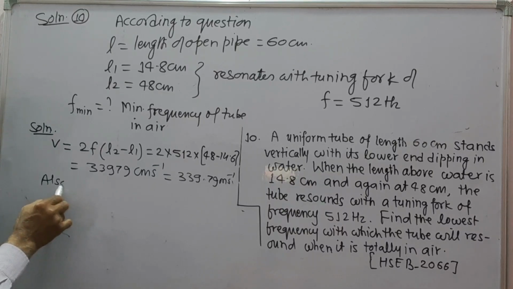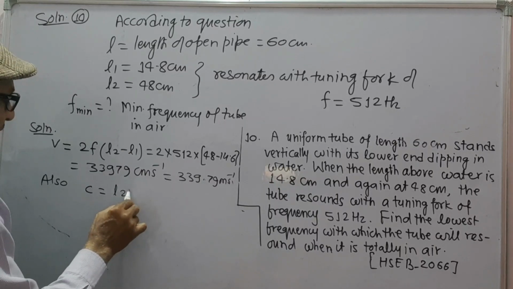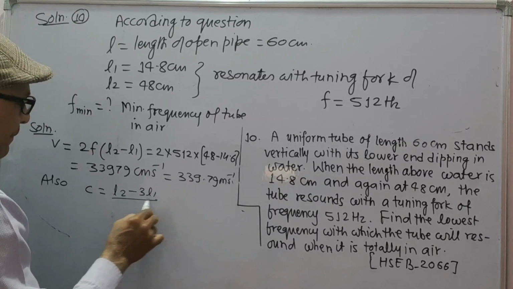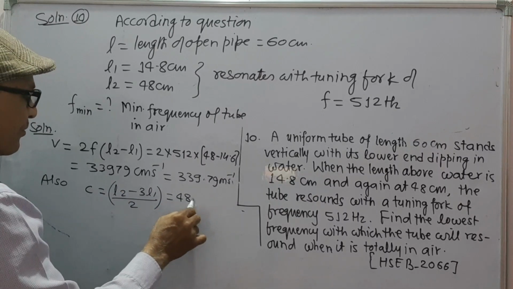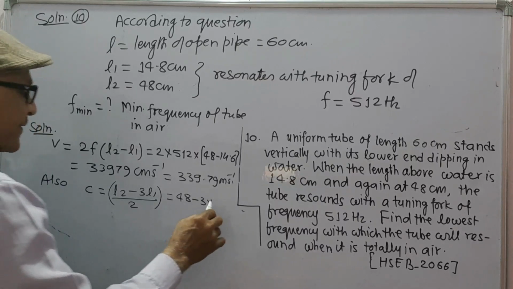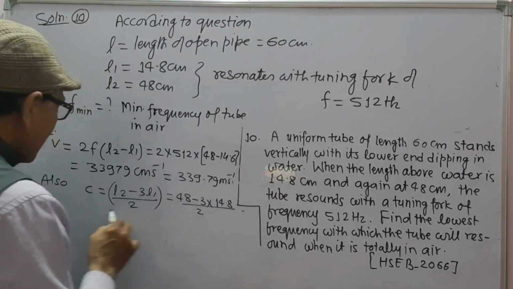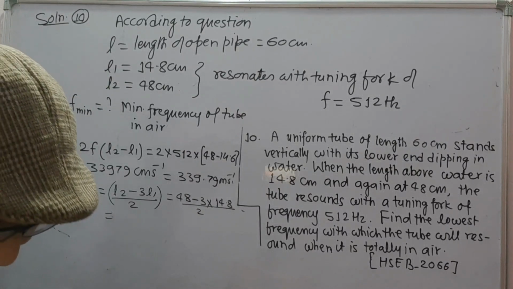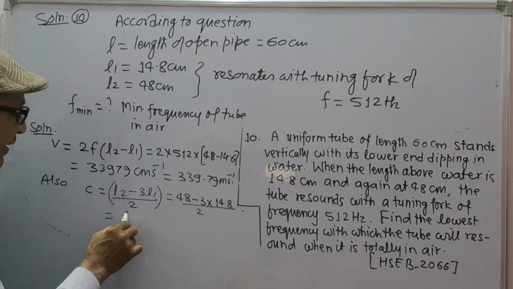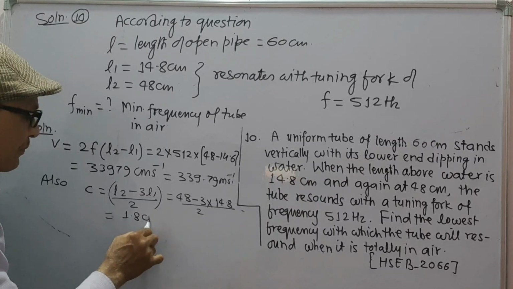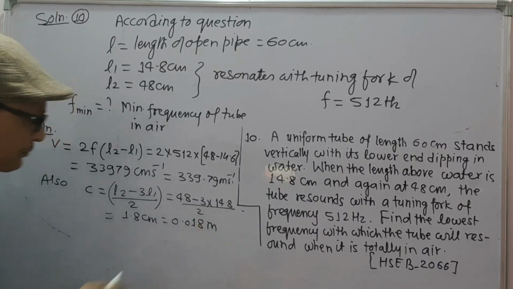Also, end correction C is equal to L2 minus 3L1 upon 2, which is the end correction of resonance tube. 48 minus 3 into 14.8 upon 2, which gives end correction as 1.8 cm, which is 0.018 meter.